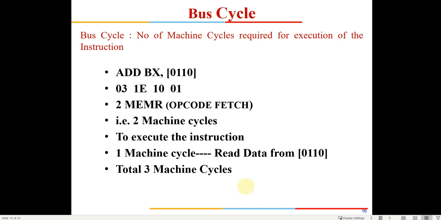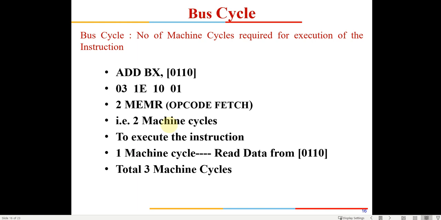Is it okay? Sir, I understood the opcode fetch part, but I don't understand how one machine cycle would execute the instruction in the execution part. Okay, what has happened in the opcode fetch? We have got this data from the memory location, and we have decoded it, and decoded it means we have generated the physical address, right?